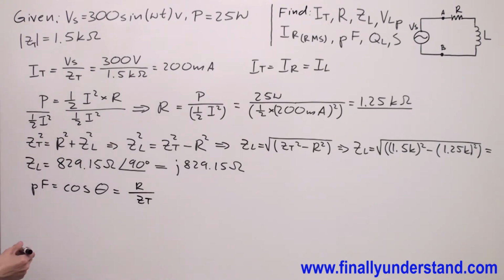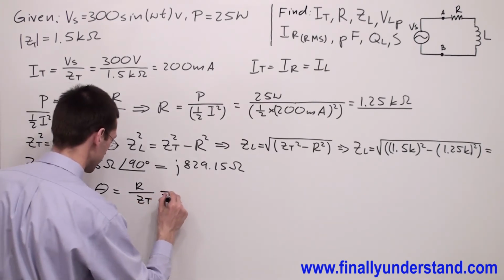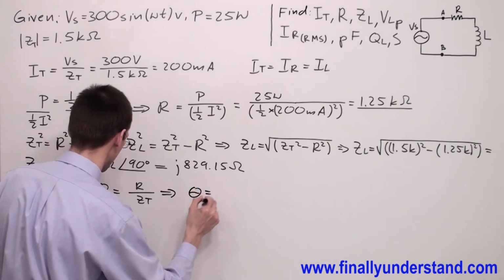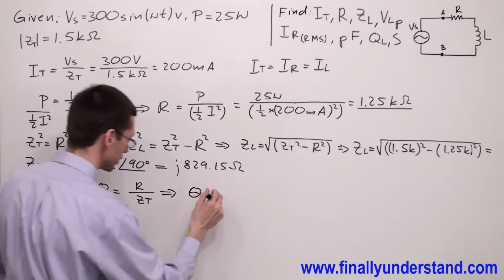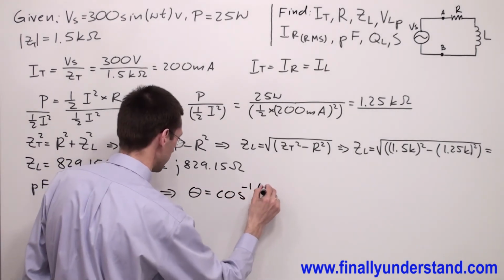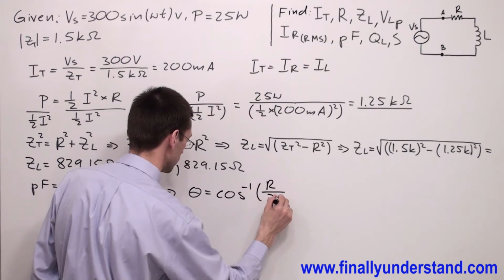Okay, so in order to find angle, I'm going to write theta is equal inverse cosine, and I have R over Z total.